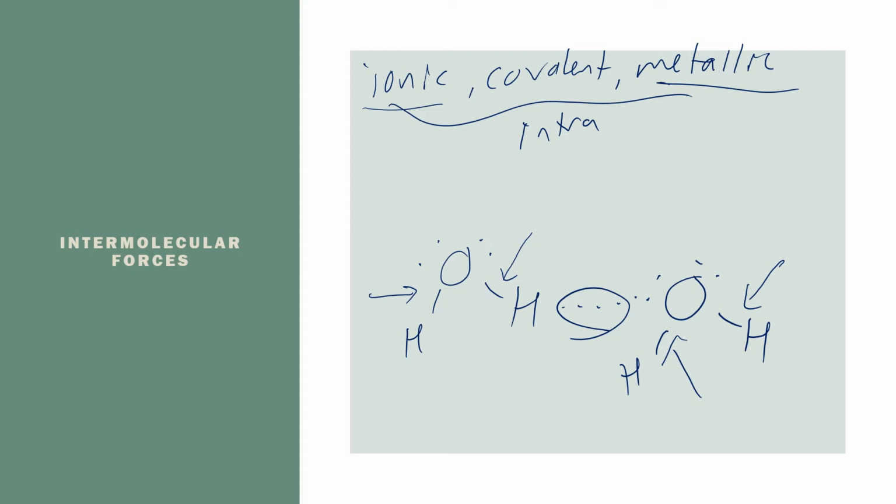But when a molecular compound, a covalently bound compound, melts or boils, it's the intermolecular forces that break, but not the intramolecular forces. So it's a bit of a blurred line there, but make sure you're focusing on whether it's ionic, covalent, or metallic first, and then from there you can look at what forces are being broken when something melts or boils.